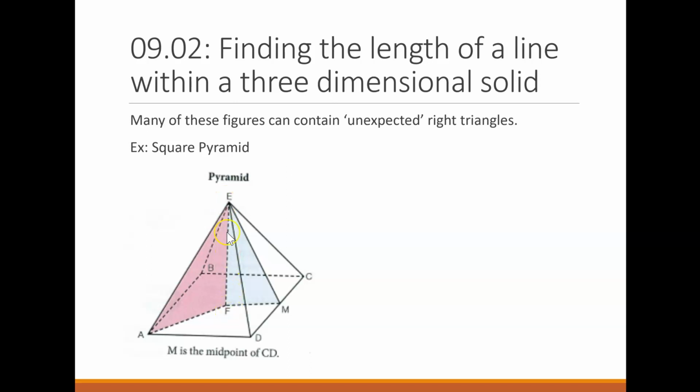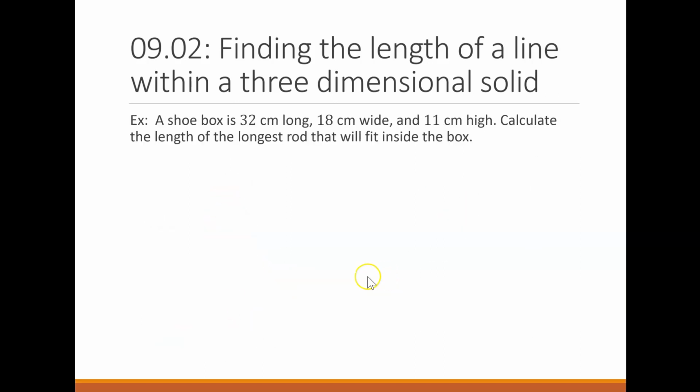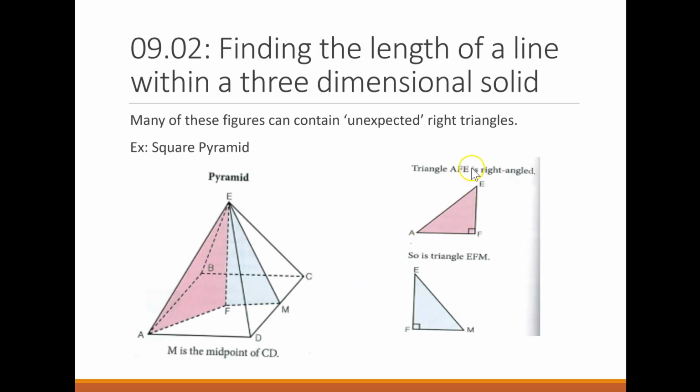But I know that the height is perpendicular to the base, so any edge that I draw in the same plane as the base is going to be at a right angle to that height EF. So angle F there is the right angle in EFA.